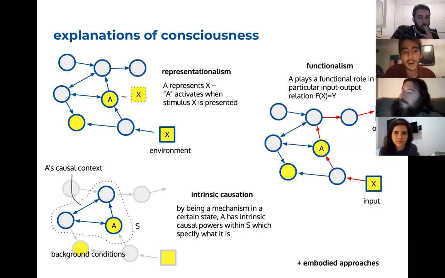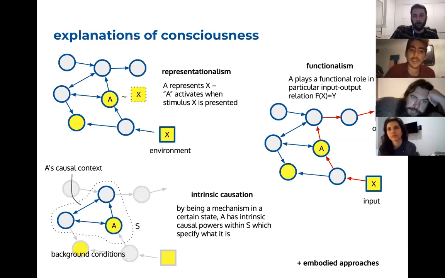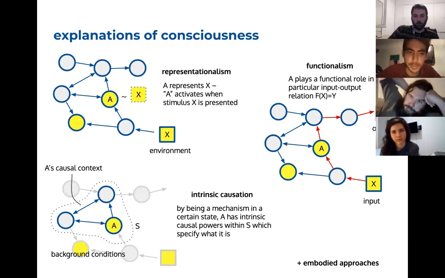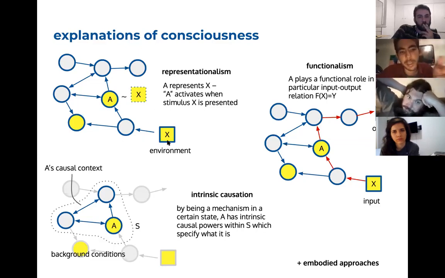It's because whenever I show you a color, it fires. So in some sense it maps something that is in the world that has colors, and it represents it in some sense. Functionalists would do something similar, where representation is more about the inputs. It's the correlation between a certain internal state and an input.